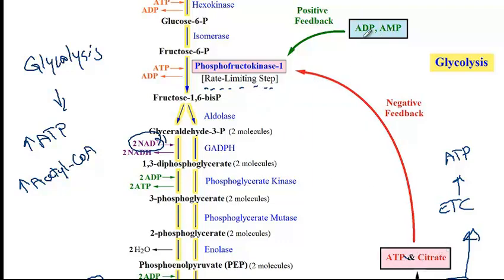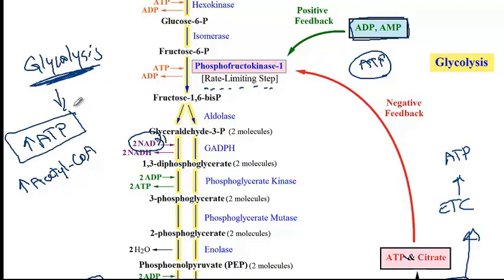On the other hand, if we have too much ADP and AMP, it means we don't have enough energy there. We need ATP for the cell, the energy source. And so if there is a high concentration of ADP and AMP, there would be positive feedback on the glycolysis reaction via activation of phosphofructokinase in order to produce more ATP.